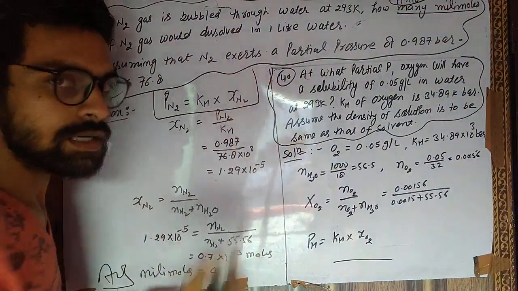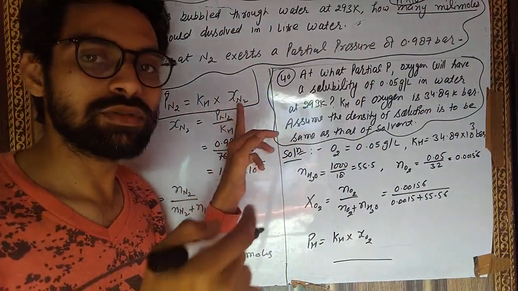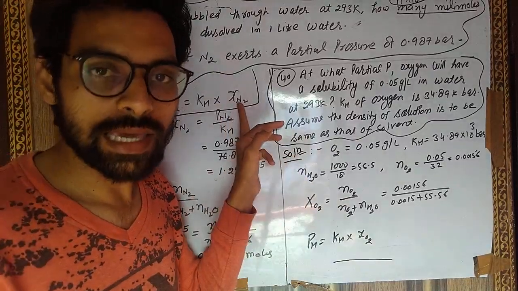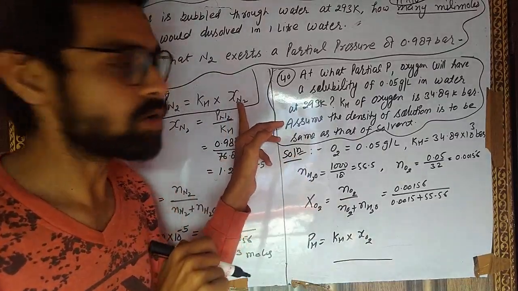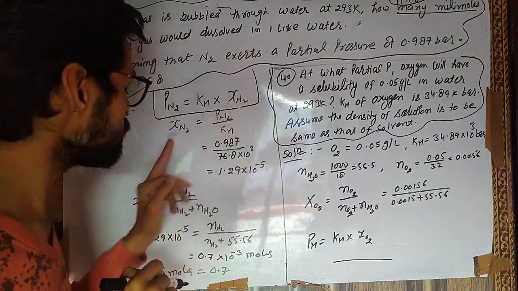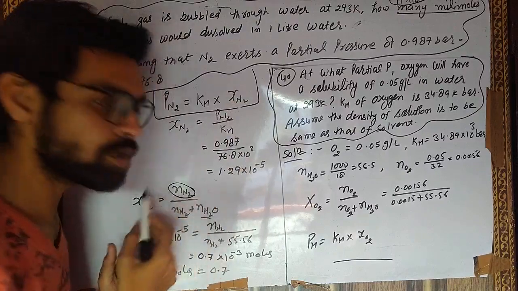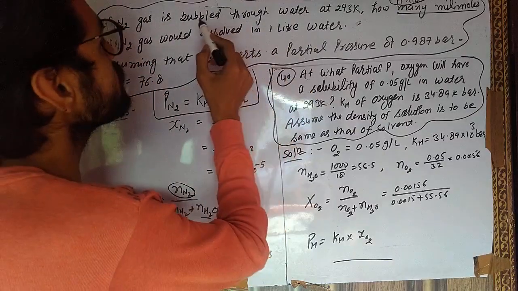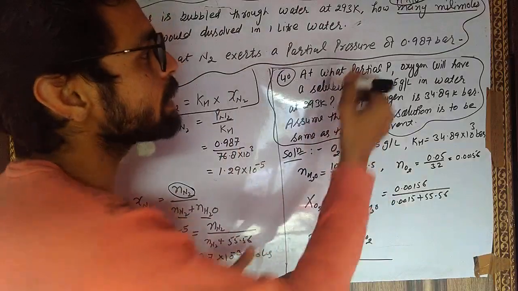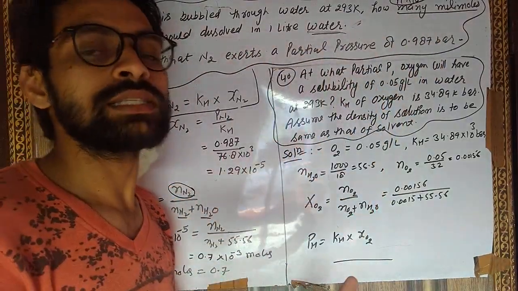So how will you calculate? According to Henry's law, the partial pressure of a gas is directly proportional to the mole fraction of that gas which has dissolved in the solution. And you know the formula of mole fraction: moles of solute divided by moles of total components. Here nitrogen gas is the solute because nitrogen gas is being dissolved in water, and water is the solvent.